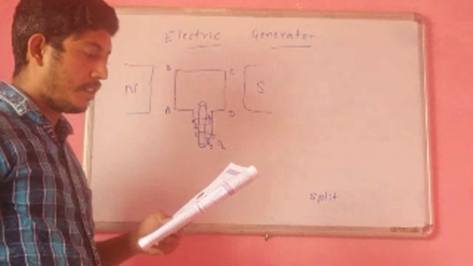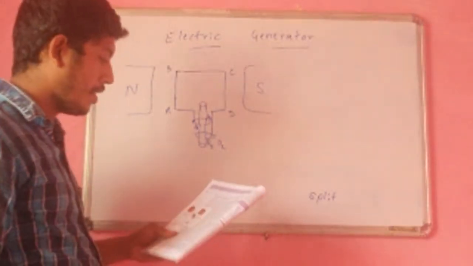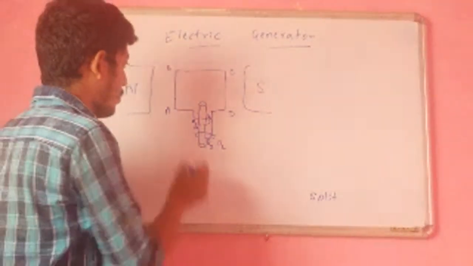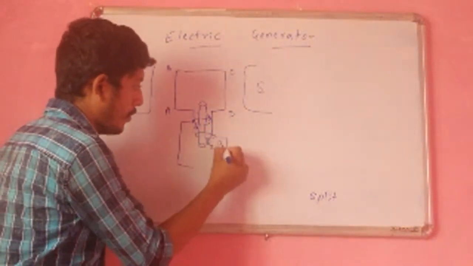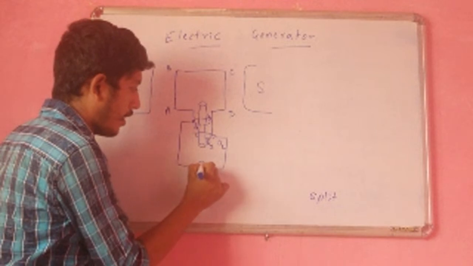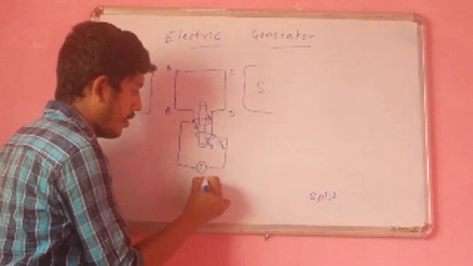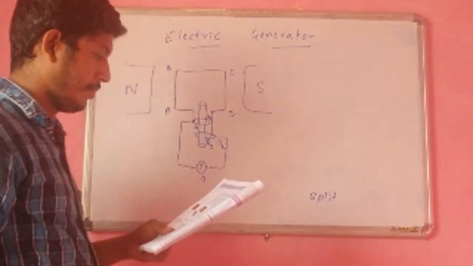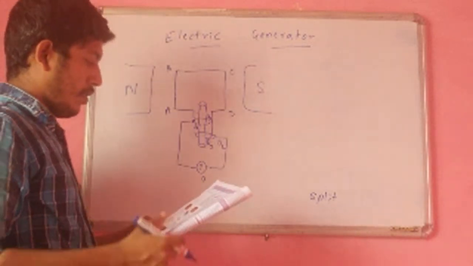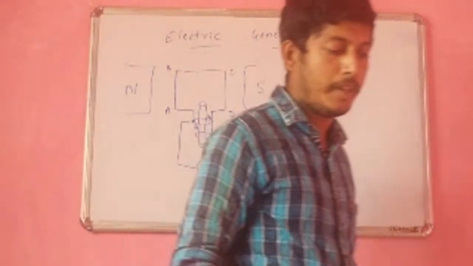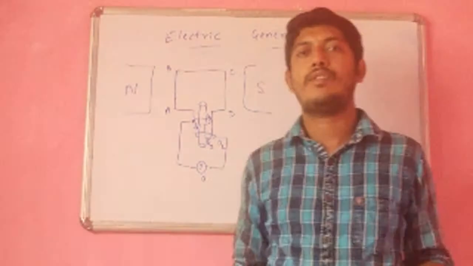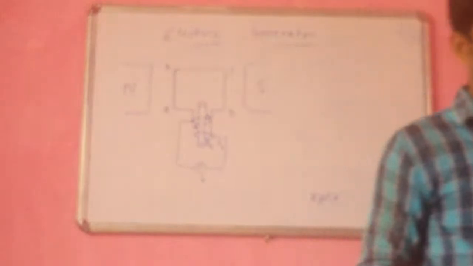Then B1 and B2 are connected to a galvanometer. Okay, this is a simple diagrammatic representation of electric generator. Just look at the figure from your textbook, otherwise with the help of the board.